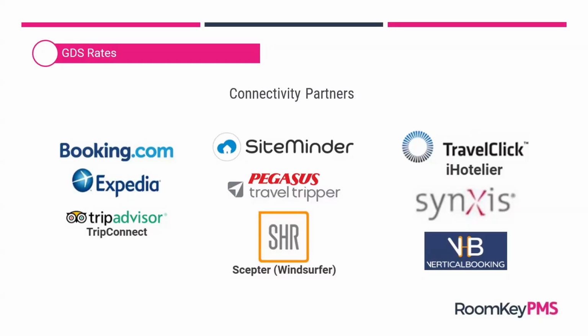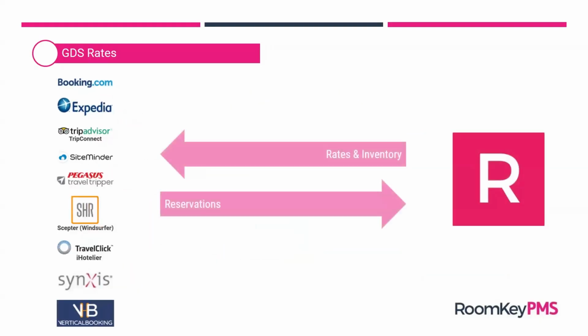And oftentimes these connectivity partners will charge a commission for bookings that are made through their channels. So when we're talking about connecting GDS rates, what we are looking at doing is sending rates and inventory information from Roomkey to these connectivity partners. Any base rates or connected rates, we're sending that rate price, whatever is uploaded into the rate grid or the rate calendar.